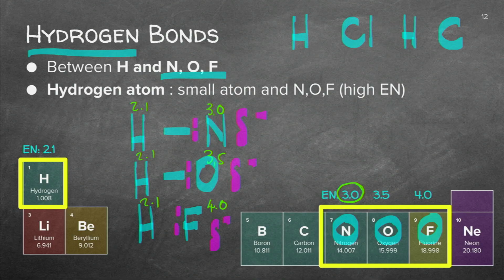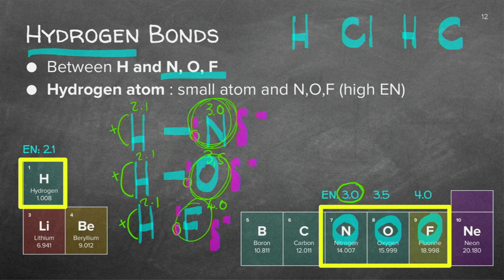Remember, hydrogen only has 1 electron. Now, if that electron of hydrogen is more able to turn around and rotate here at nitrogen or at oxygen or at fluorine, it means there's only a nucleus left this side. So it's fairly strong on that side because it's a bare nucleus.